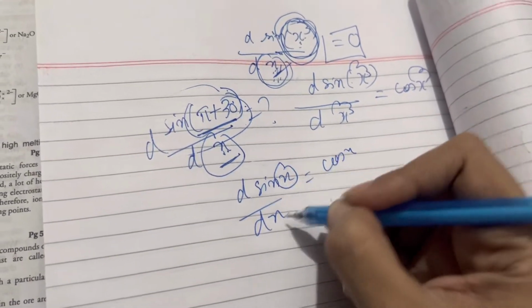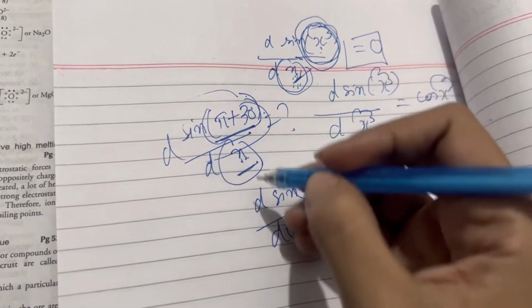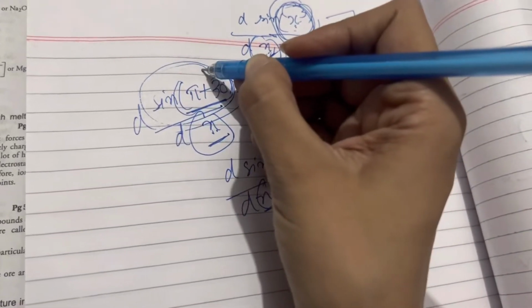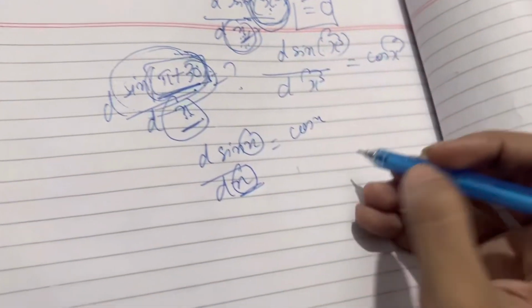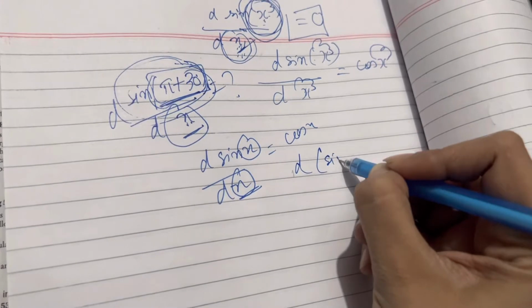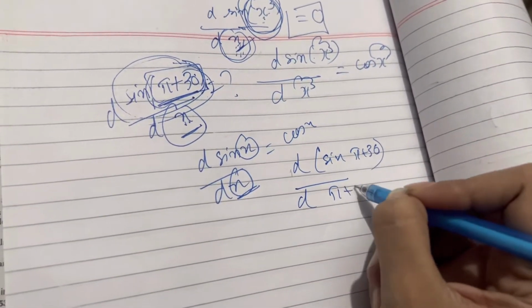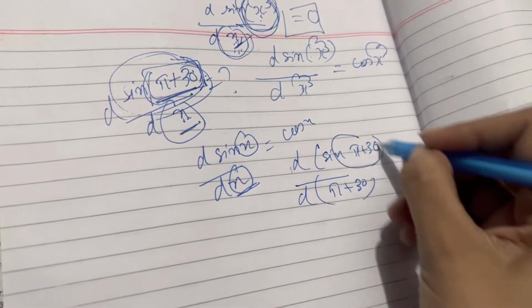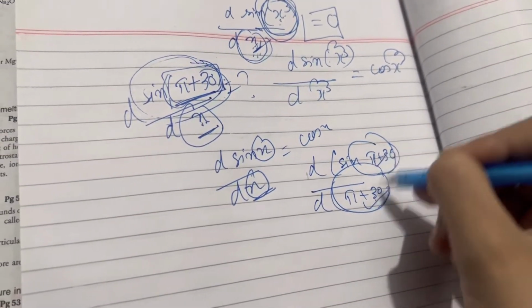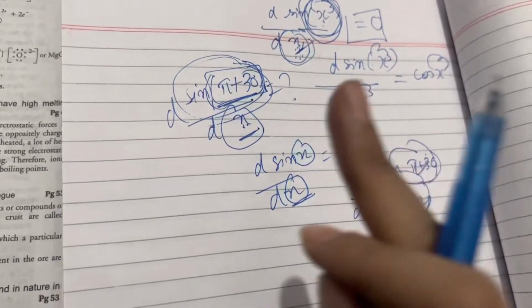So this and this should be equal. If we want to find the derivative of this, it should be with respect to pi plus theta. Then we can find the derivative of sine of pi plus theta with respect to pi plus theta. So these two should be equal, and only then can you get your answer.